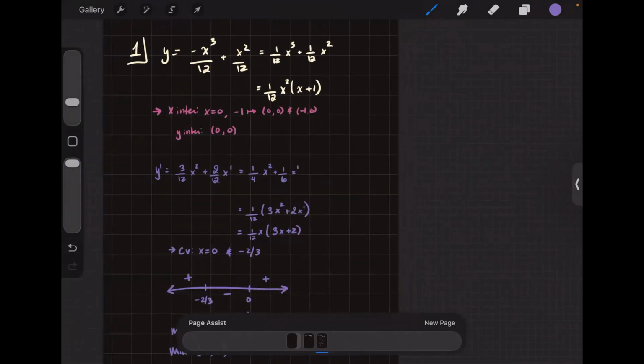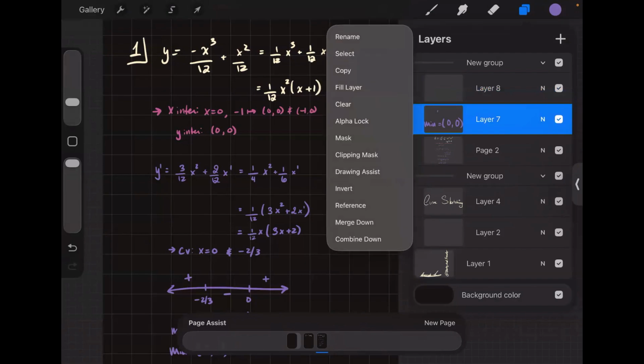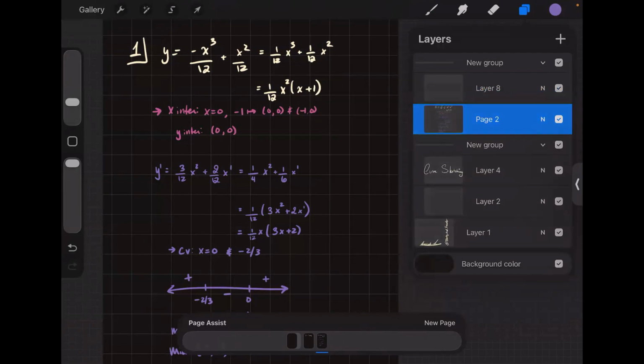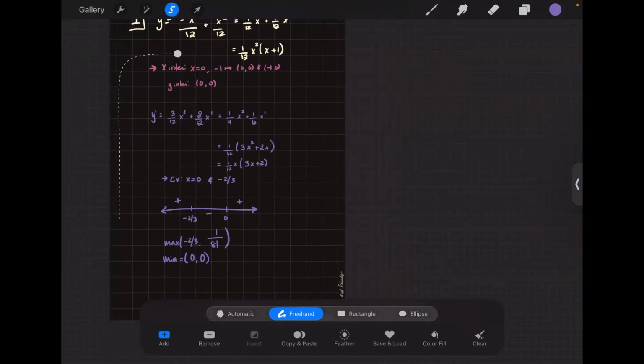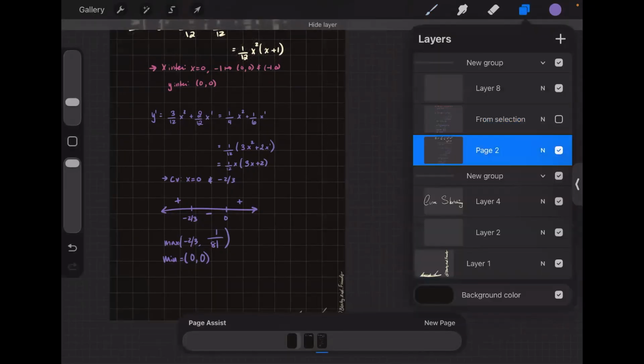So then what we're going to do now is solve for y double prime and all the concavity behavior, okay?